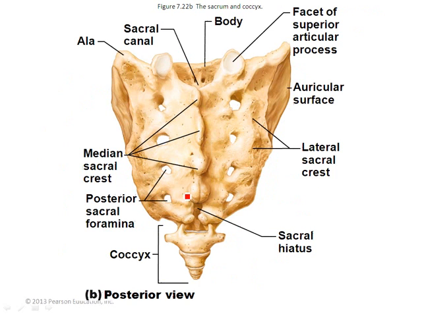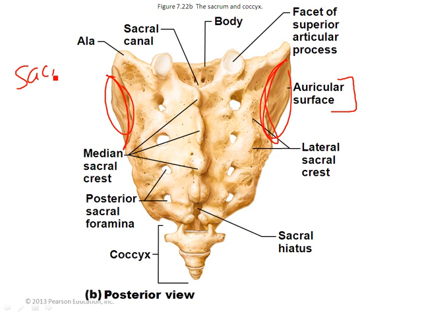All right, so you're looking at the back side now. So now you're looking at the back of the sacrum, your posterior side. And there's these little flat areas here. This is the articular surface. This is called the sacroiliac joint.